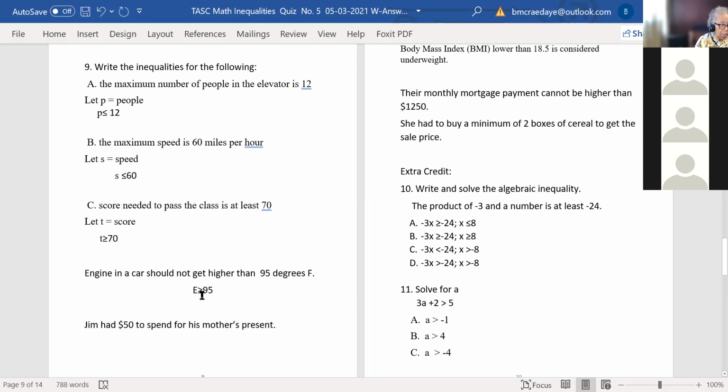The engine in the car should be less than, or wait, sorry. You got the wrong sign. Yes, the inequality should be less than or equal. Let me get the symbol, I have one right here.